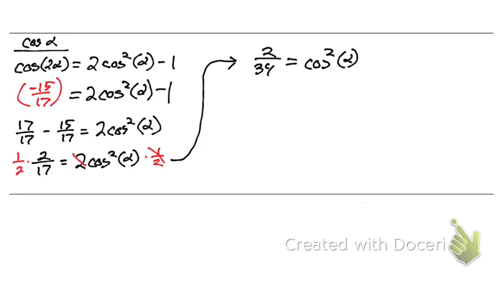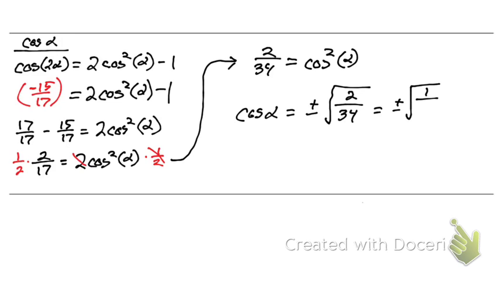All right, now we just have to take the square root of both sides. So we're going to have cosine alpha equals plus or minus the square root of 2 over 34. Well, we could simplify that. That'll be plus or minus the square root of 1 over 17.